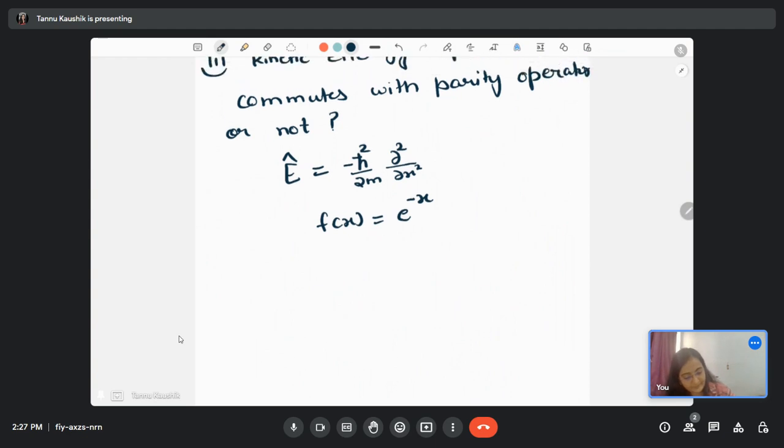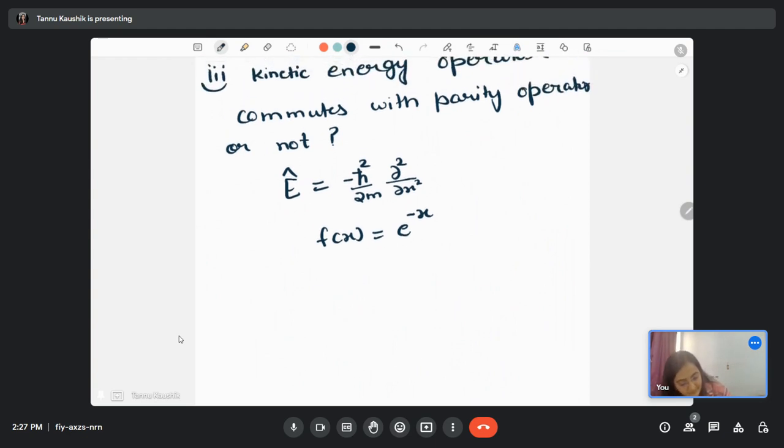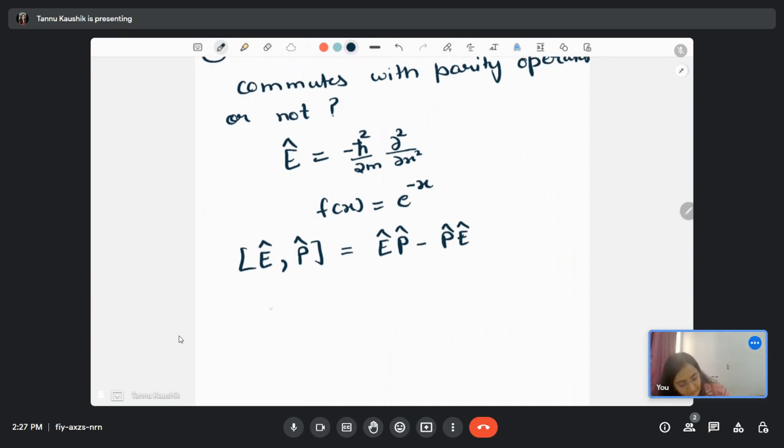So let us take f of x is equal to e raised to minus x. Okay, so we will check whether this kinetic energy operator commutes with the parity operator.